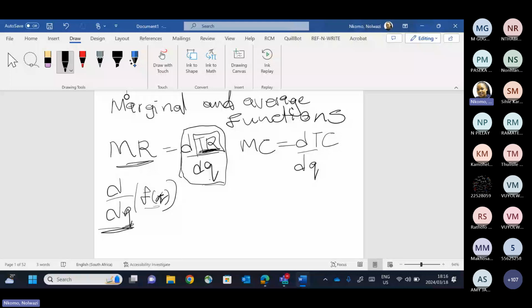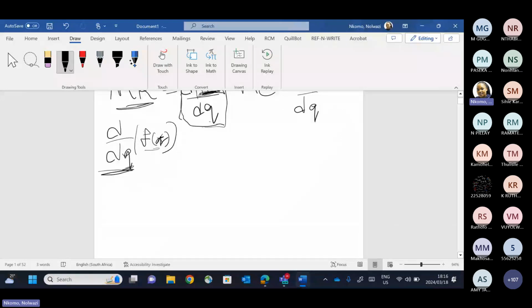Let's say the demand function is given as P equals A minus BQ, right? Let's say this is a demand function for maybe any product.